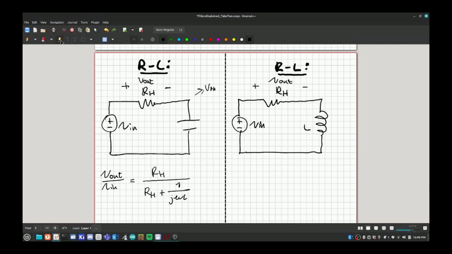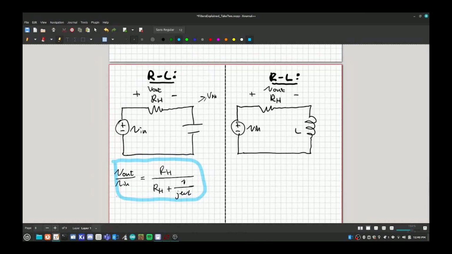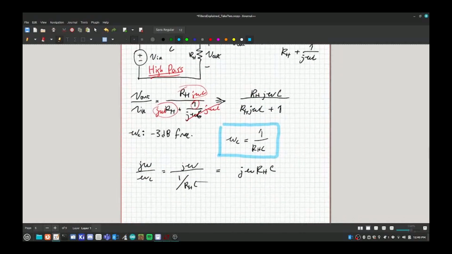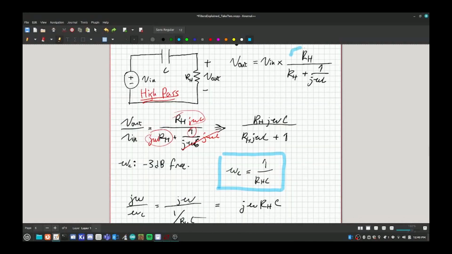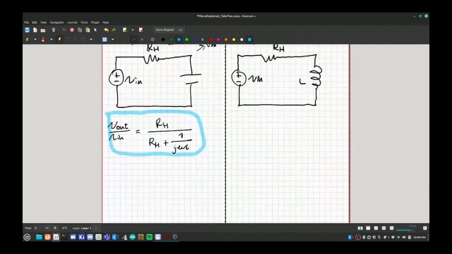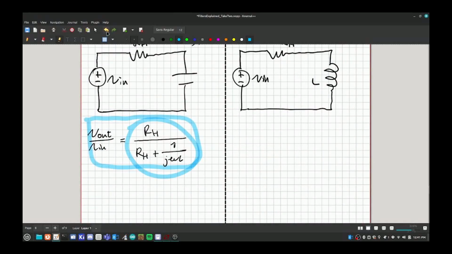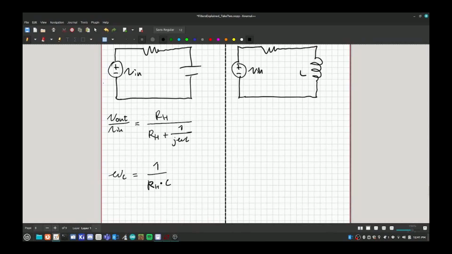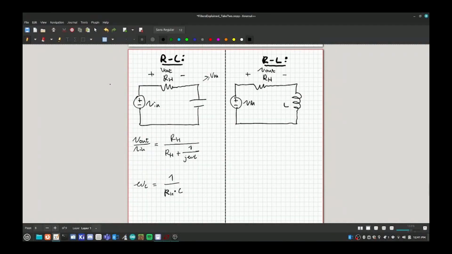And you'll notice that what we have here is actually the exact same thing we got for the CR circuit that we first did. So if we go back and look at that, our initial equation was RH over RH plus 1 over J omega C, and that is in fact the same thing we have here. So that tells us that the omega C is going to be the same. Omega C will equal 1 over RH times C. And you might guess the same thing happens with the RL circuit.